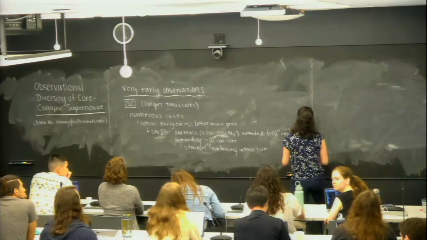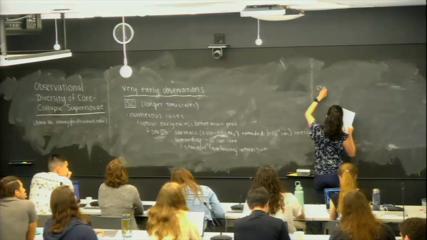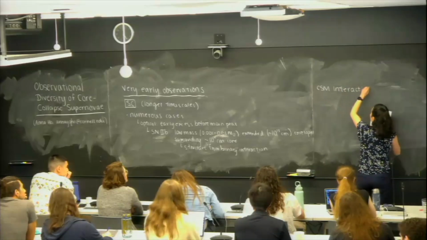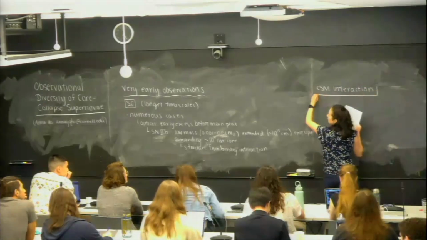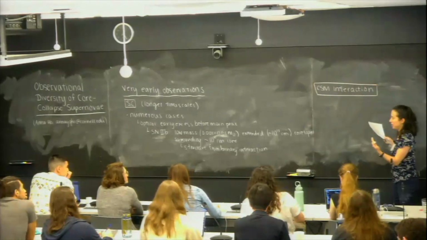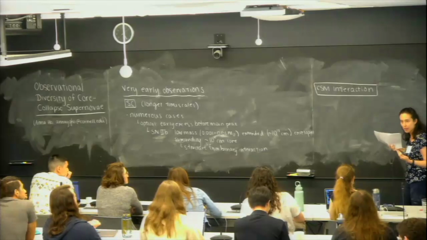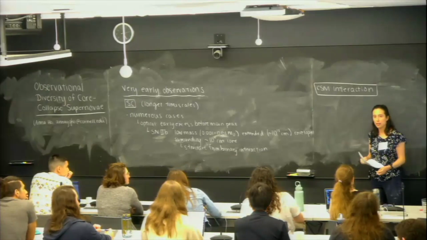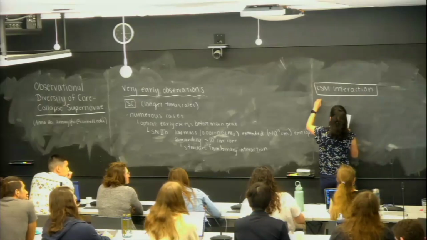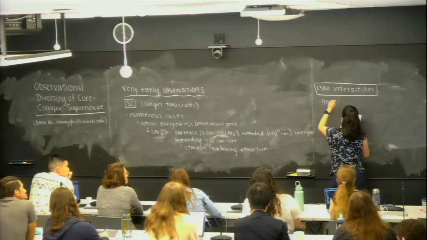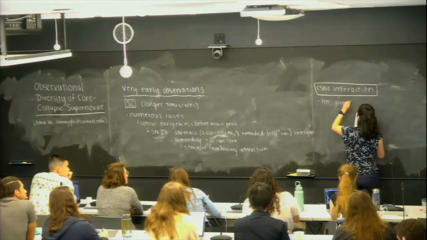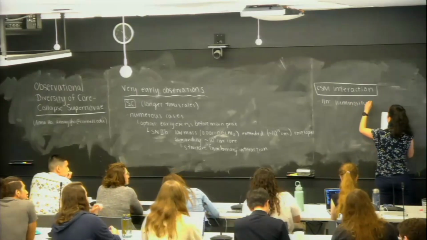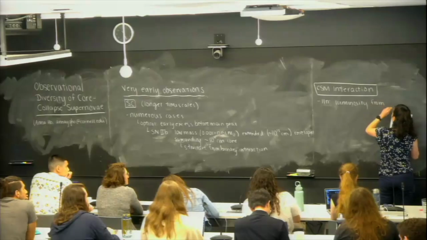Okay, CSM interaction. So I think the thing that gets kind of confusing about this is that many people have strong associations with what CSM interaction is. Many observational supernova people picture type 2n supernovae, where the luminosity of the main light curve is really being produced by this mechanism.